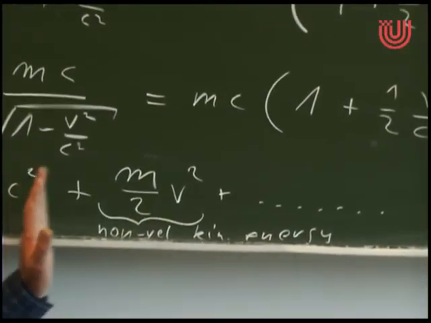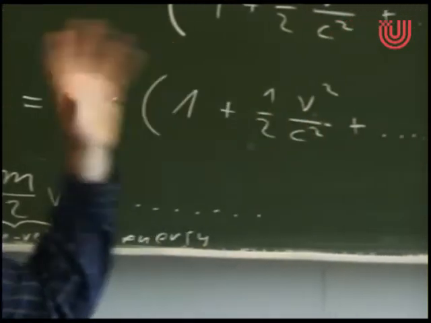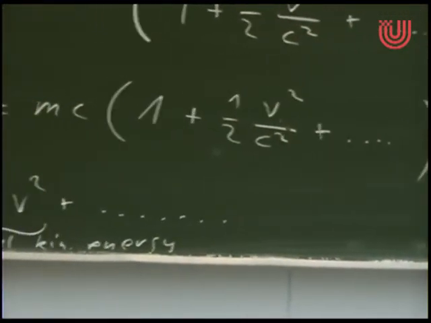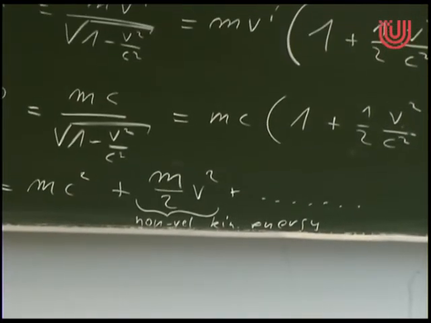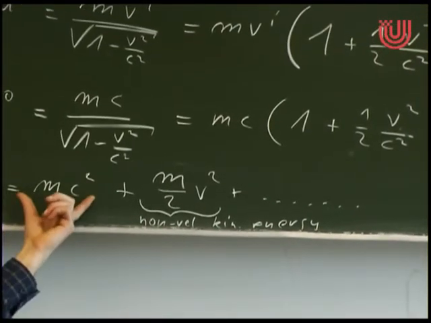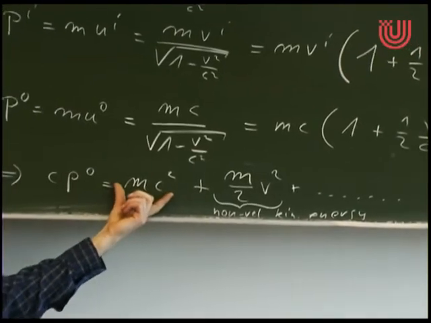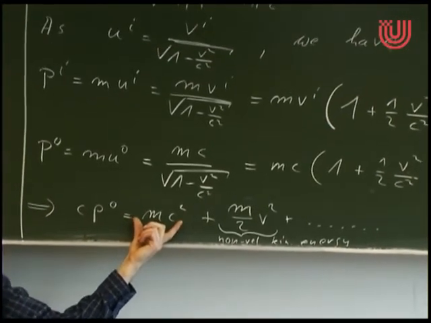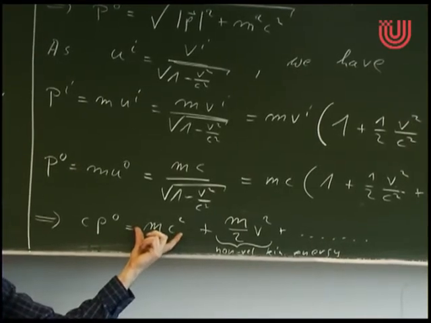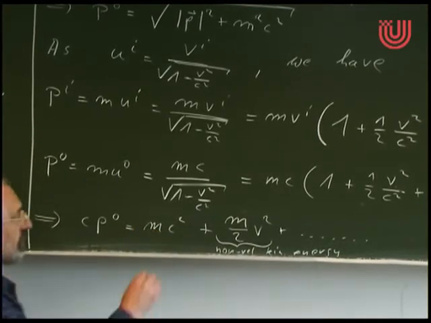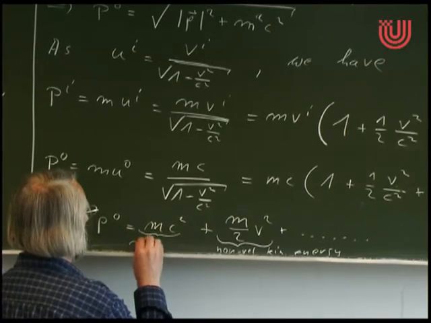First of all, there come higher order terms, which are at least cubic, or actually even quartic with respect to v over c. And then you get this term here, which is present even if v is 0. So according to relativity, the particle has an energy even if it is at rest. And that's the reason why we call this a rest energy.